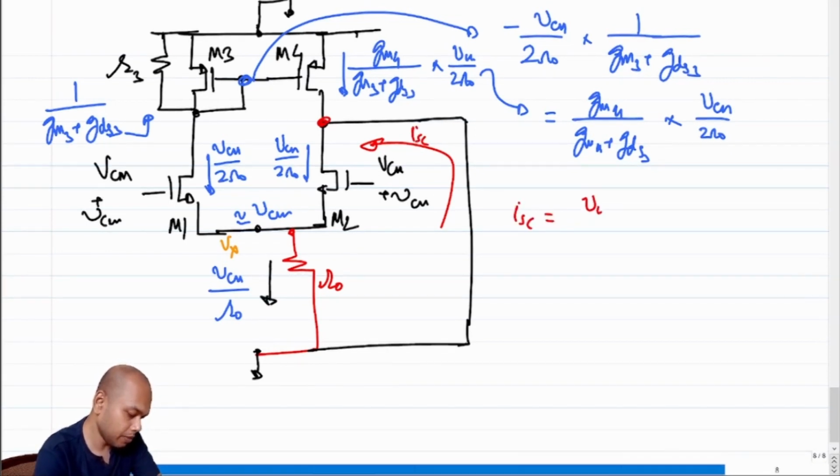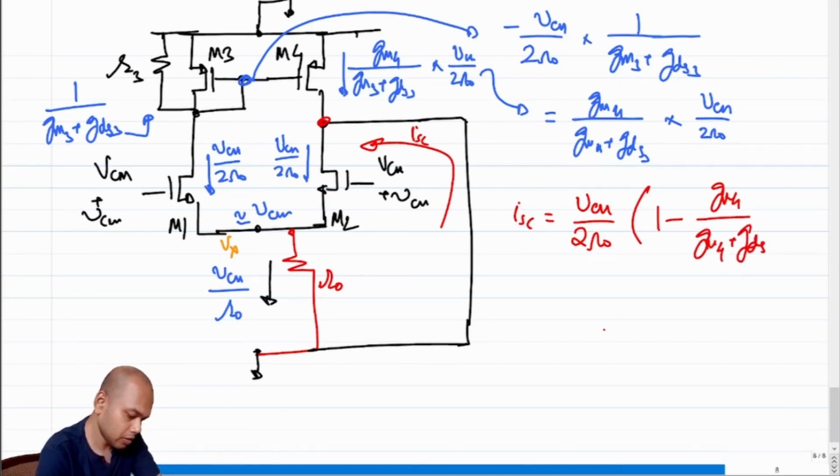ISC will be VCM by 2 R naught minus this new guy, right? So essentially VCM by 2R0 times 1 minus GM4 by GM4 plus GDS3. Right, GDS3 and GDS4 are the same, so let me put GDS4.